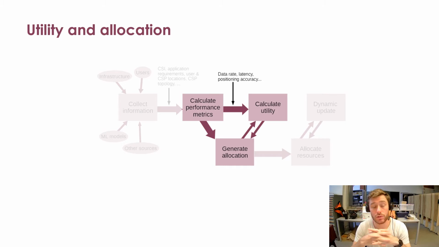So in order to determine a good assignment of the UEs and the CSPs to these federations, we need to define the utility that UEs and their applications derive by being served by a particular constellation of CSPs. So each UE or set of UEs is defined by a utility function specifying the value given by the set of serving CSPs.